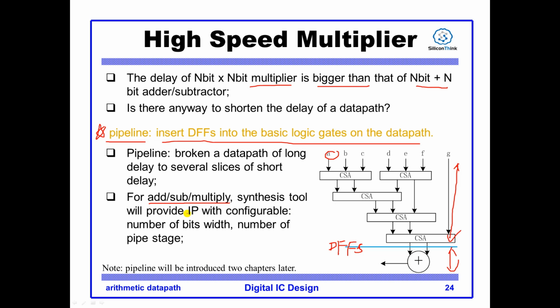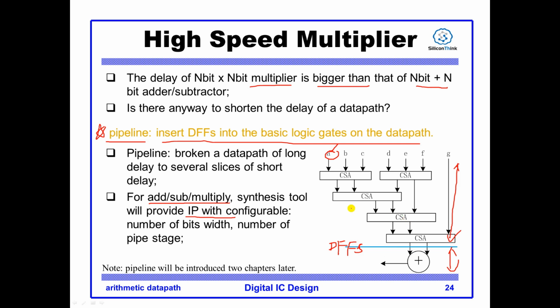You just call the IPs provided by the synthesis tool. Synthesis tools always provide you IPs with configurable functions.